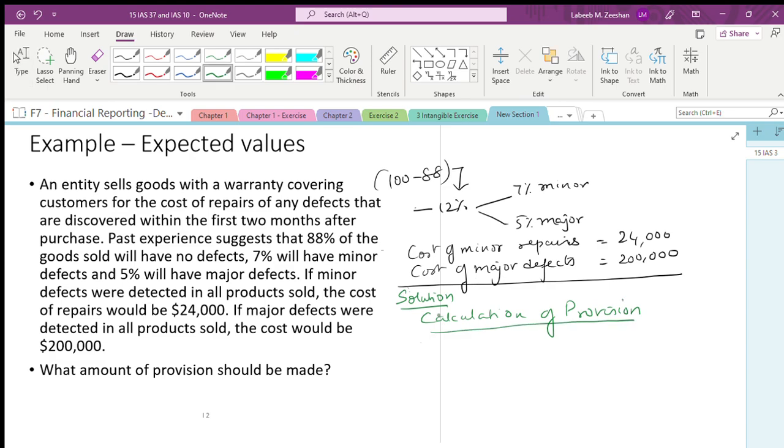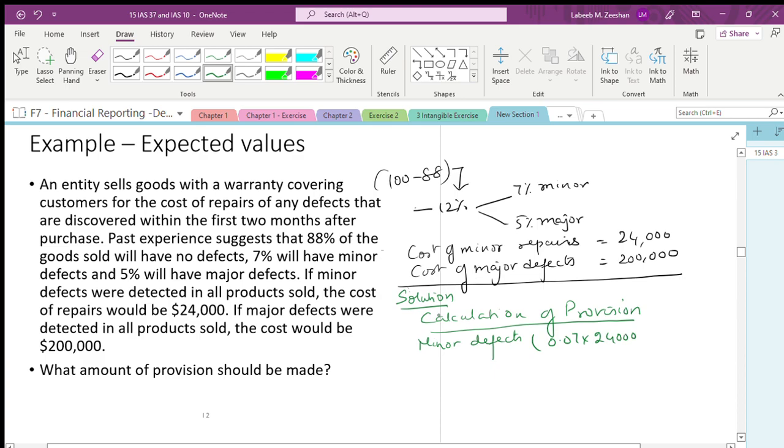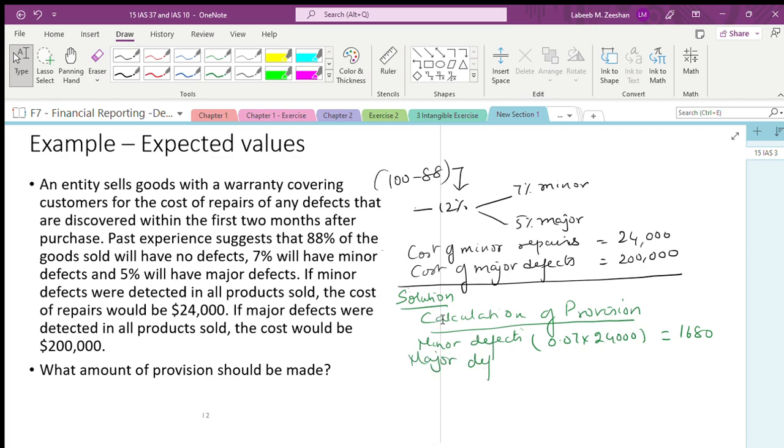Calculation of minor defects. How much is the minor defects? 7%. How much is the amount? 24,000. It comes to 1,680.